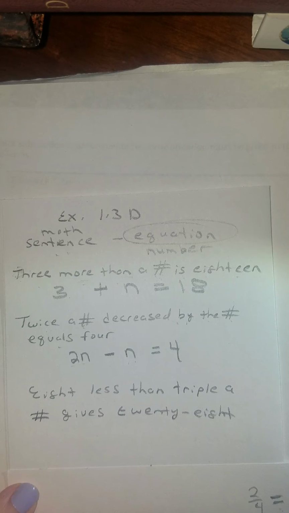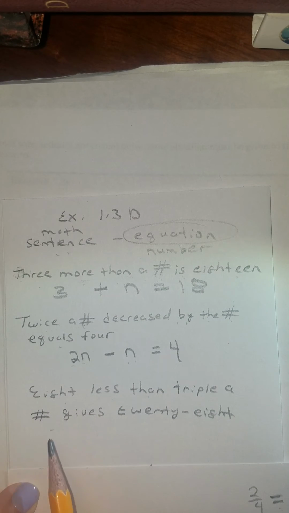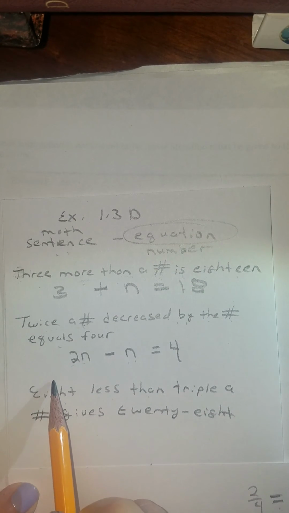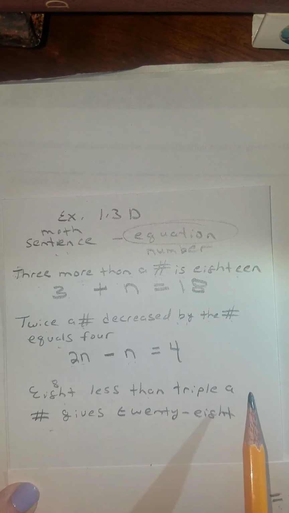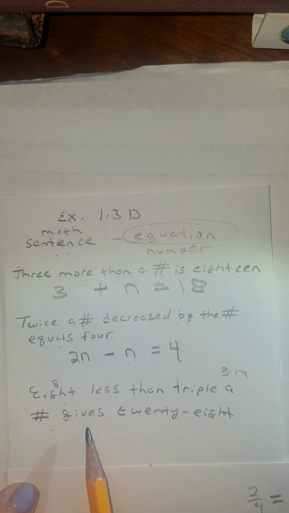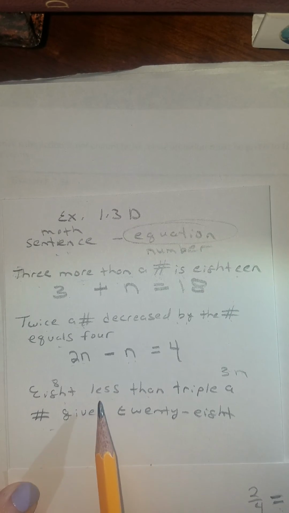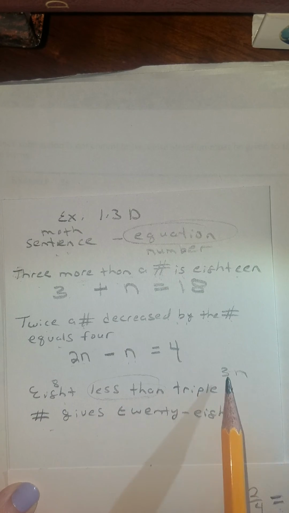All right, this next one says 8 less than triple a number. I'm just going to write 8 here just for a minute. 8 less than triple a number. Well, triple a number would be 3n, so I'm going to write 3n here. And gives is equal. Remember, this is that less than. So you wouldn't say 8 minus 3n.